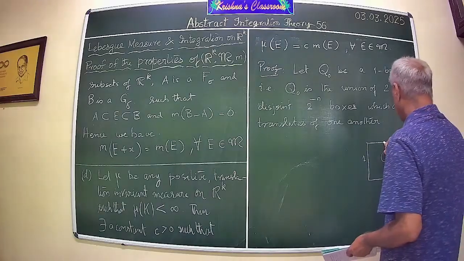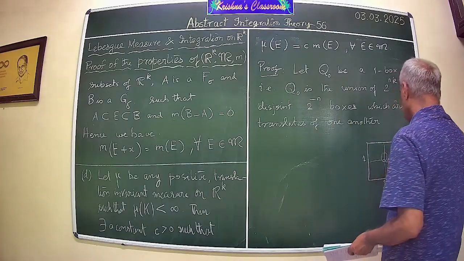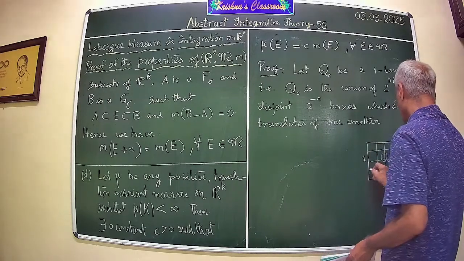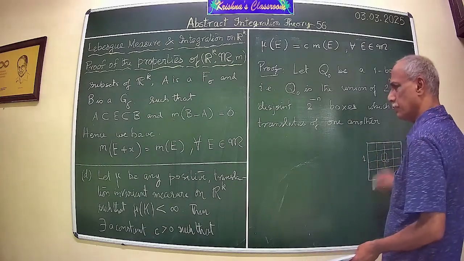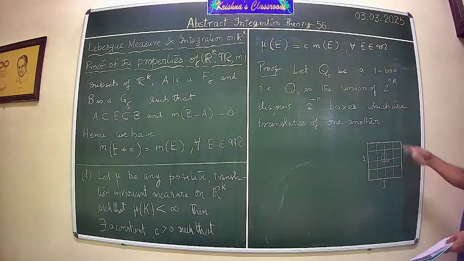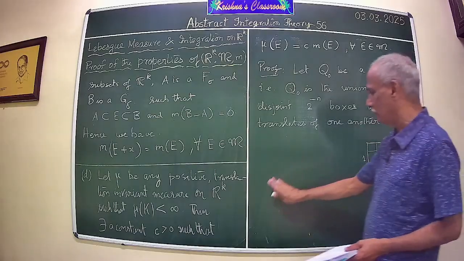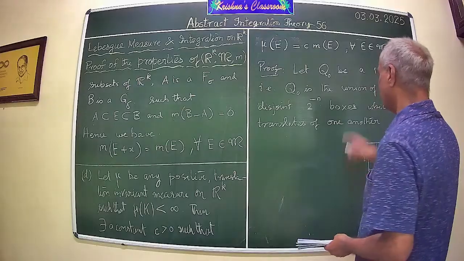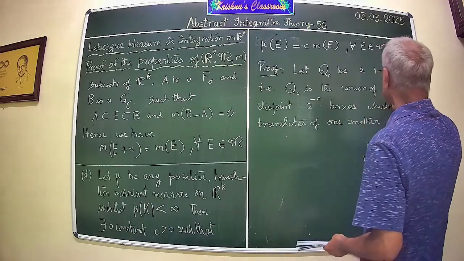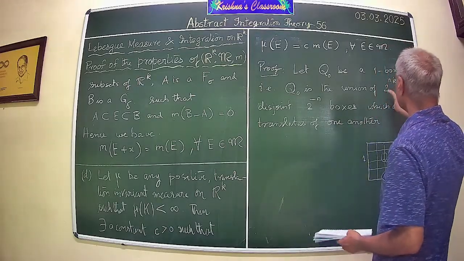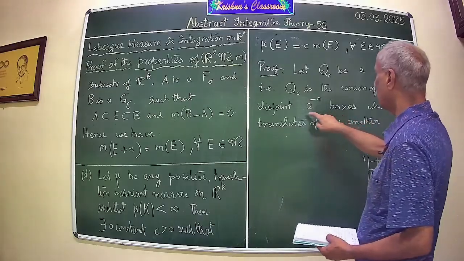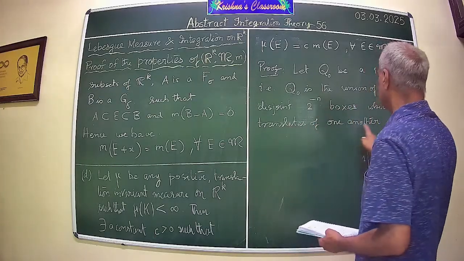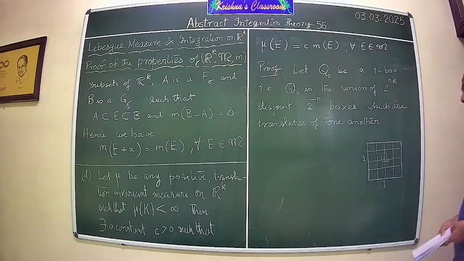Now what we are doing is we are subdividing this. Subdividing and so on. So eventually you see that you can keep on subdividing until you can write it as the union of 2 to the power nk disjoint 2 to the power minus n boxes which are translates of one another.